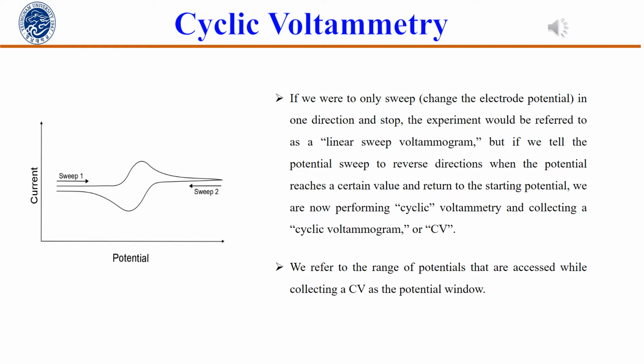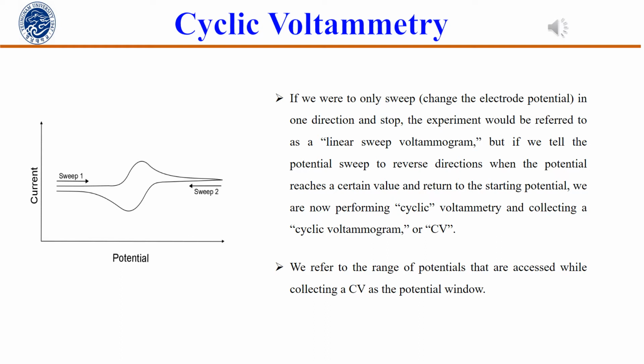That means you are giving instruction to only one direction. In case you give the instruction to come back to the initial potential where you started the experiment, that means you are giving instruction to go back and forth, then this is called cyclic voltammetry. Cyclic, that means you are doing a complete cycle.